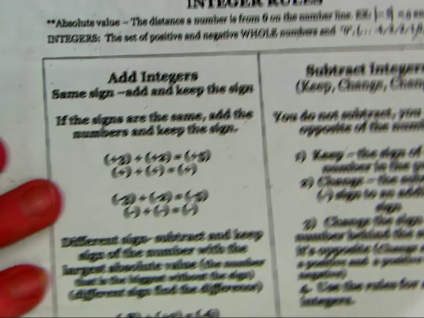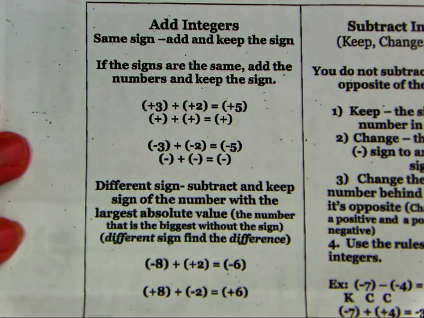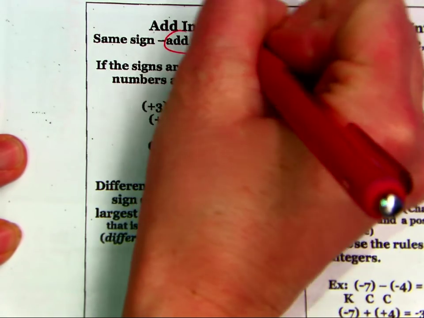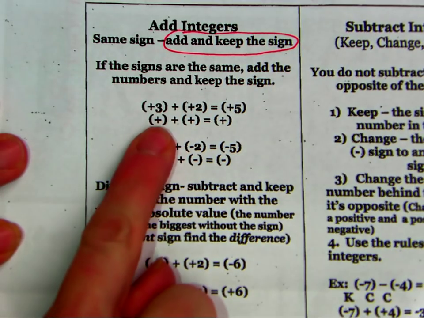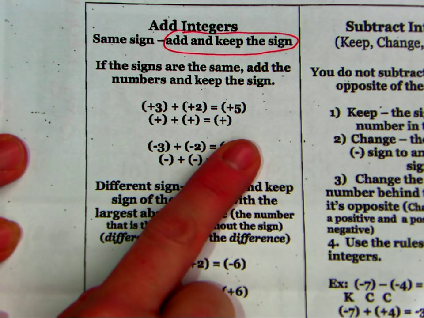Okay, so now we're going to talk about how we can do some things with them. And the first thing we can do is add integers. So if integers have the same sign, so if they're both positive, like +1 plus +2, then you're going to add and you're going to keep the sign. So look here, you can see here's a positive plus a positive, you get a positive, okay?